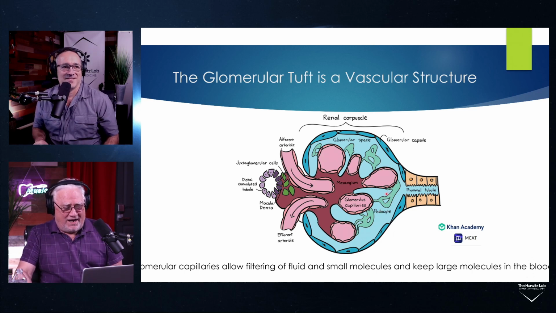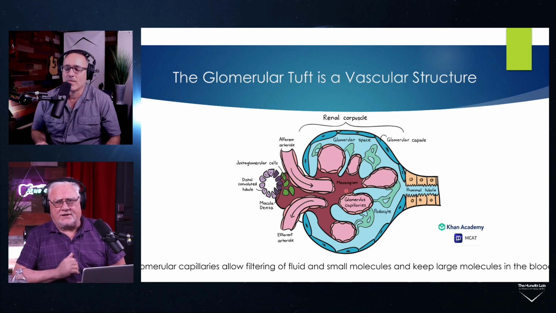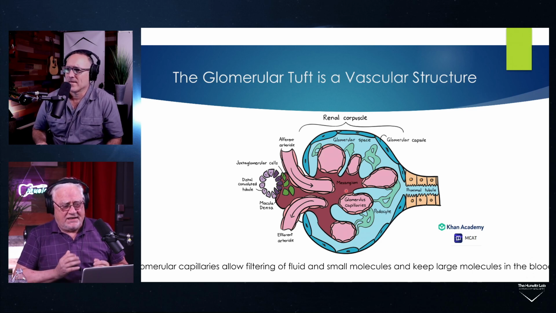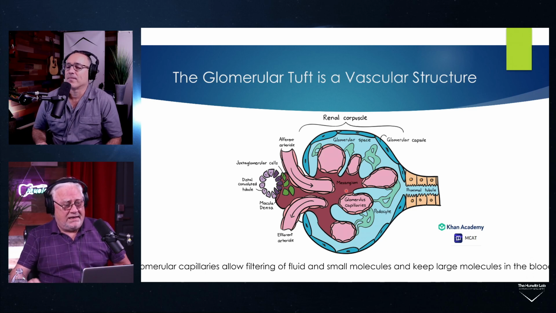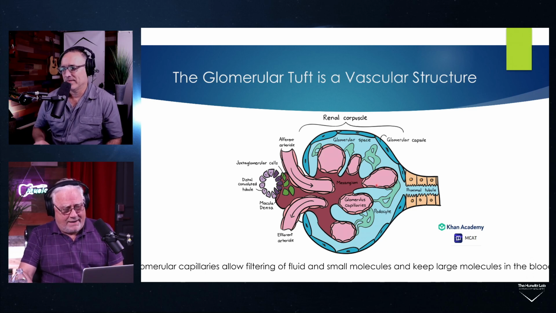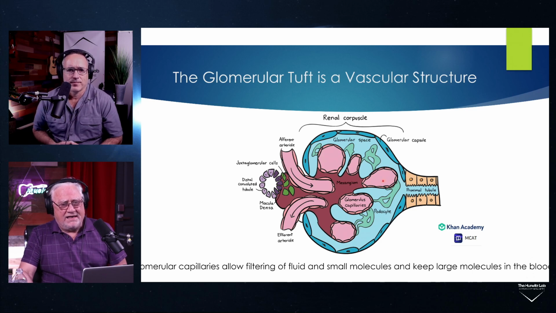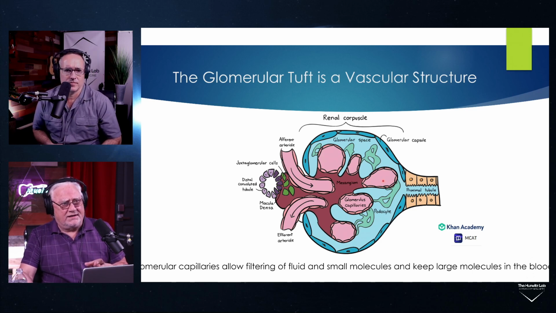And I just want to remind everyone that the glomerular tuft, the filtering unit of the glomerulus, is all part of a vascular arteriole. And so you have the capillary loops, which is where the filtration actually happens, and the endothelium in the capillary loops has most of the same properties as endothelium in blood vessels.